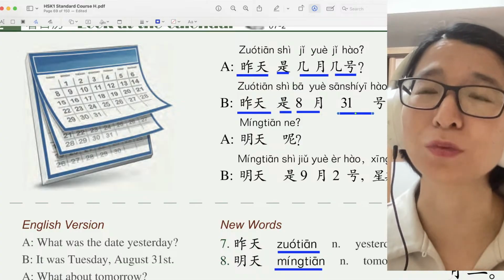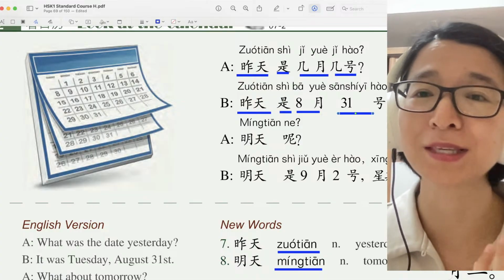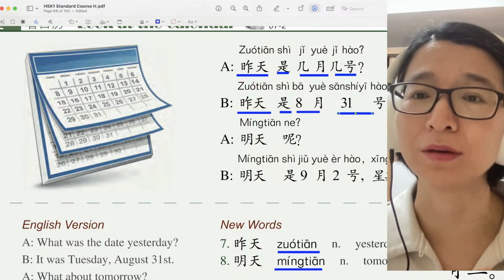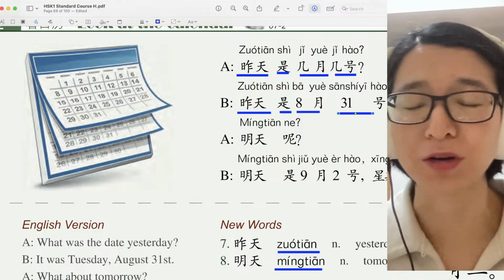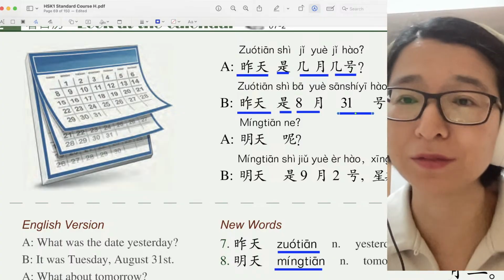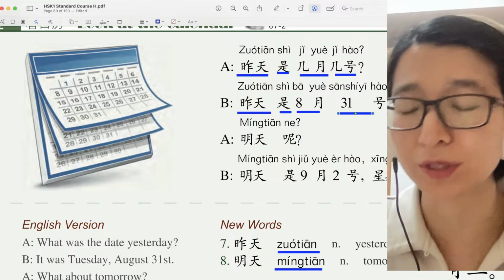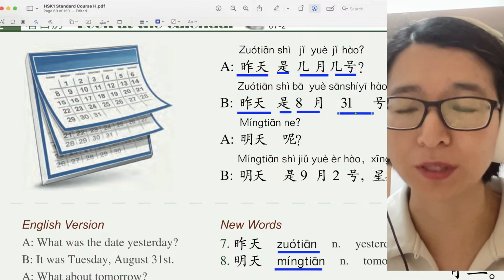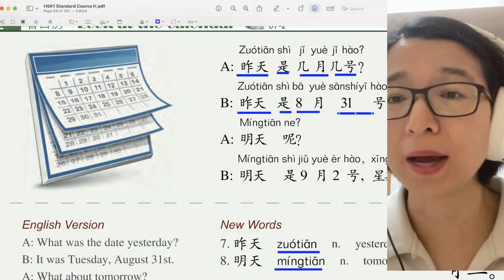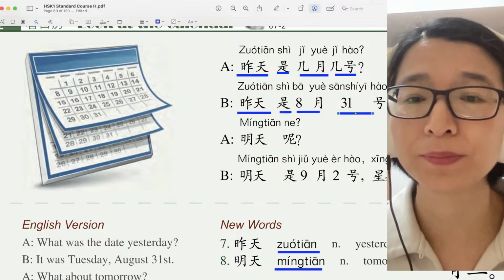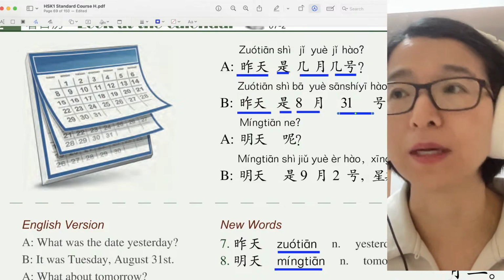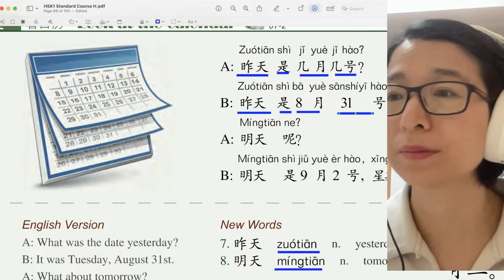For us Chinese, when we say each month, we need to count very hard to think about the correct word. But in Chinese, if you can count from 1 to 12, you can say it directly. You don't even have to think about it. So 八月, August. 31号, the 31st.